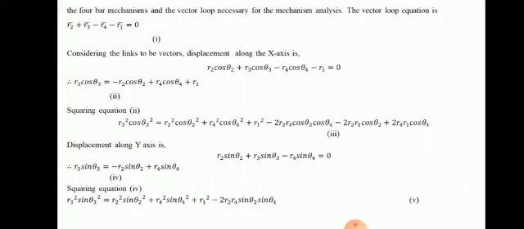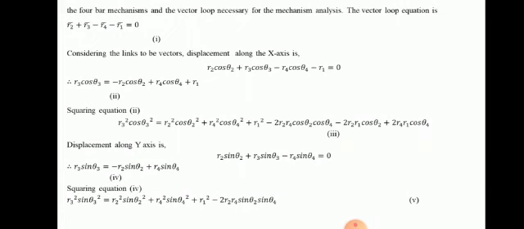Considering the links to be vectors, the displacement along the x-axis is R2 cos theta 2 plus R3 cos theta 3 minus R4 cos theta 4 minus R1 equals 0.